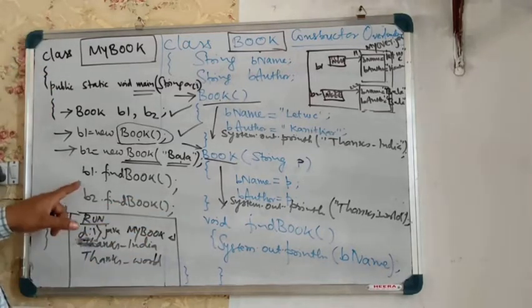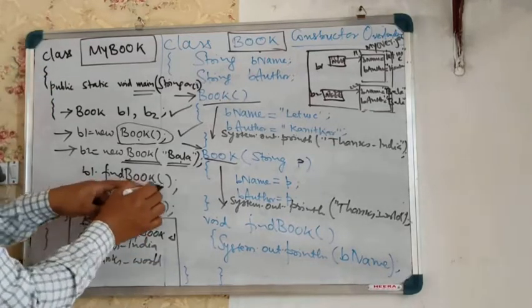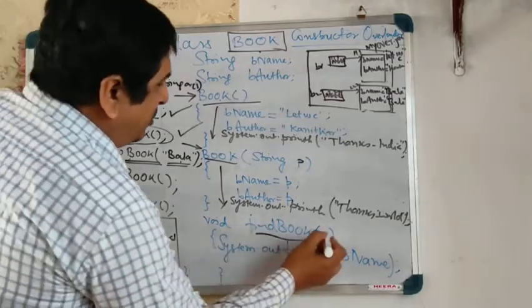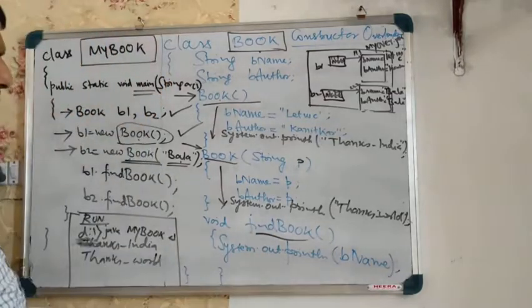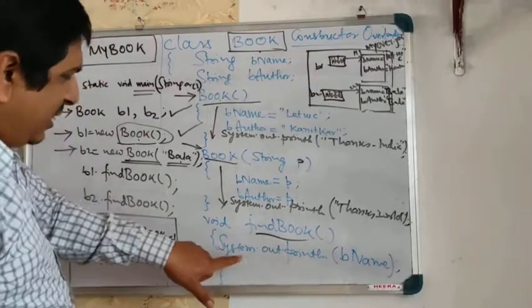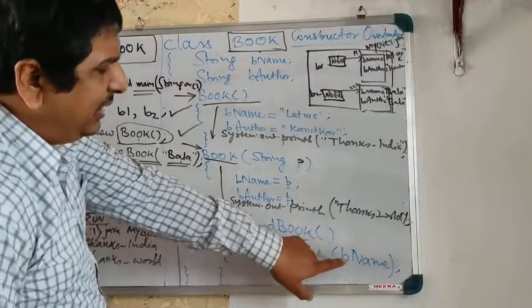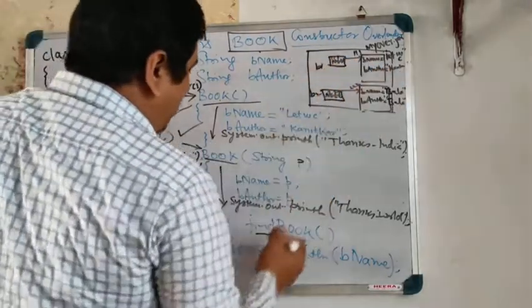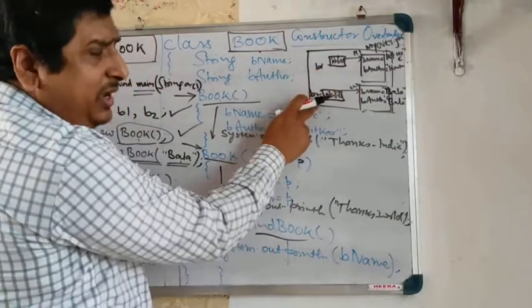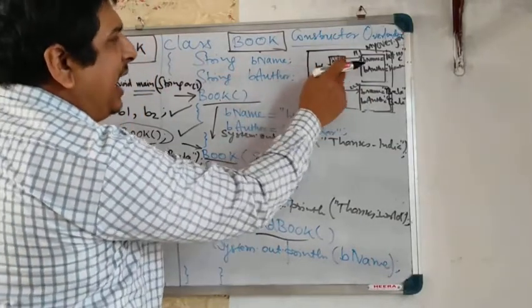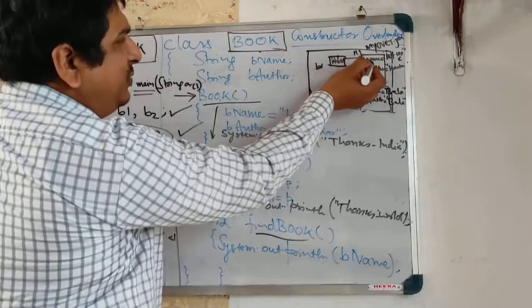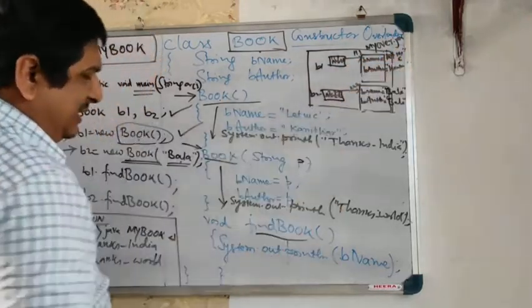And then it will come to B1.findBook. What is this findBook? In the class findBook, I wrote System.out.println B name. What is the B name of B1? It will not go here, it will go here, and from this it will be linked with this. So B name is let us see.